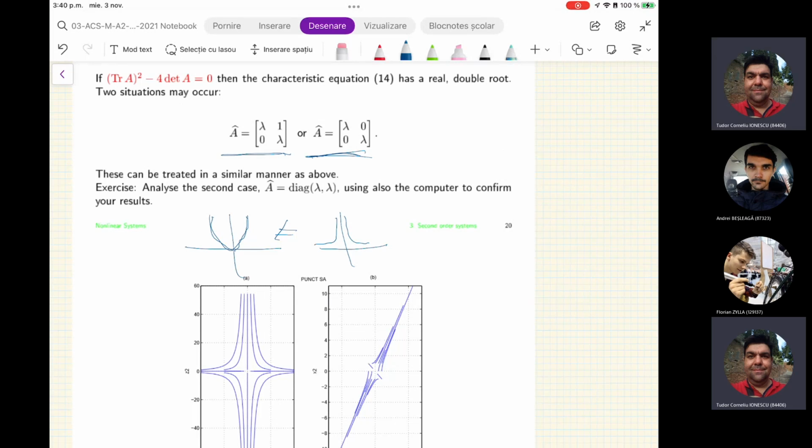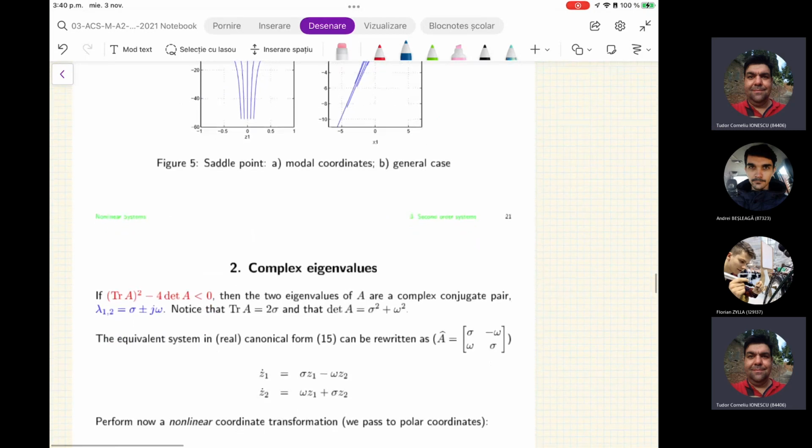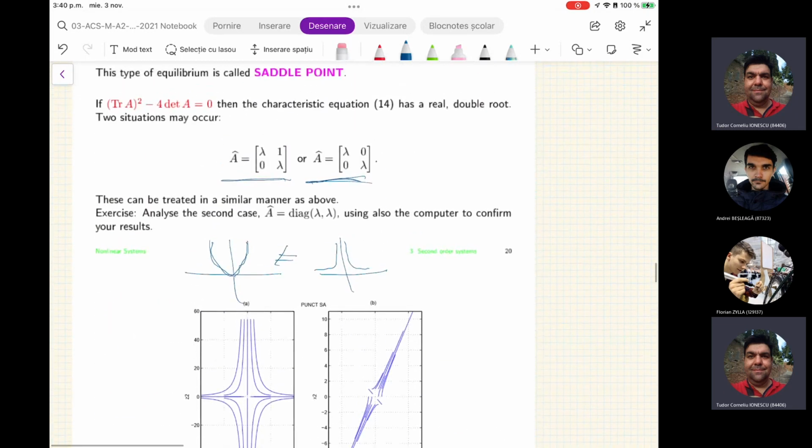We can treat this in a similar manner. What we have is z1 dot is lambda z1 plus z2, z2 dot is lambda z2.